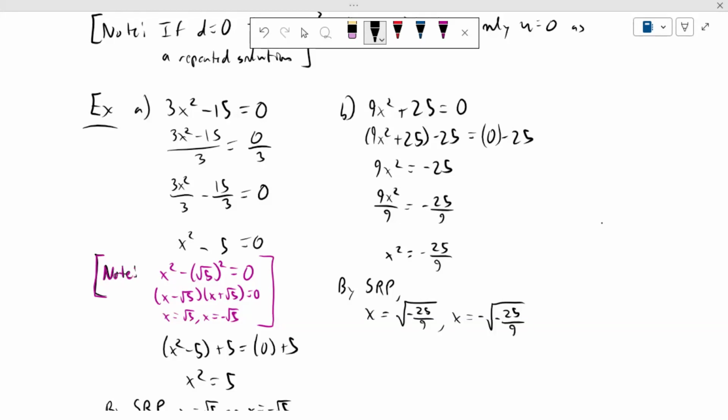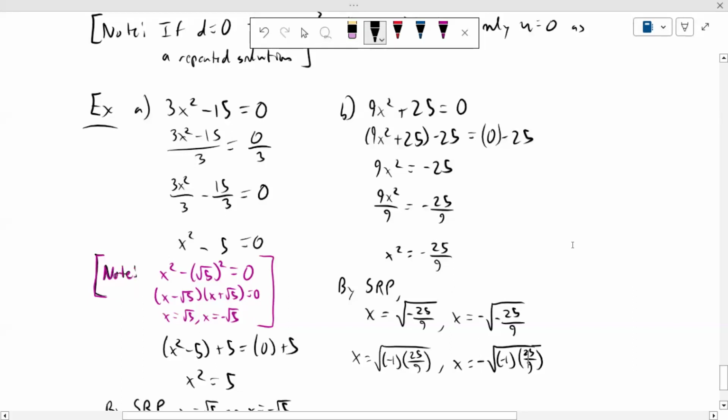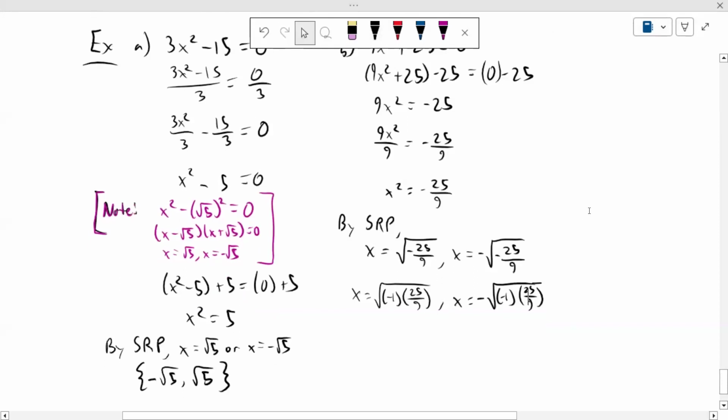Well, we can simplify this still. This is really just the same thing as the square root of negative 1 times 25 over 9, and this is the same thing as x equals negative the square root of negative 1 times 25 over 9. So we have products and quotients inside the radical.